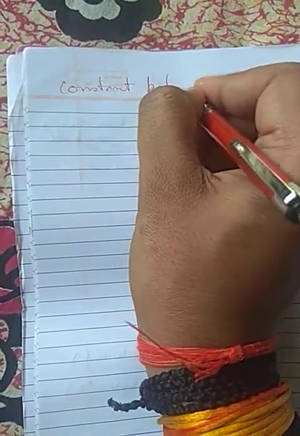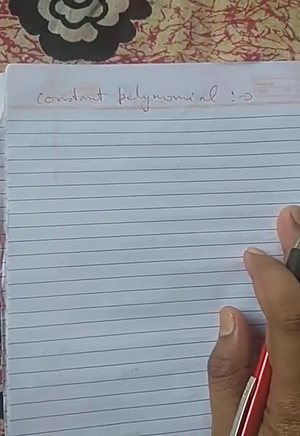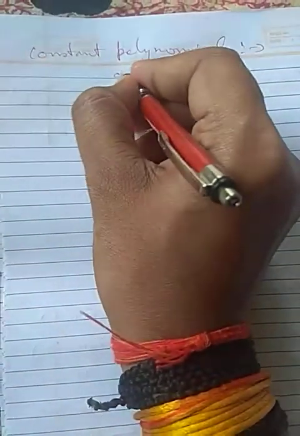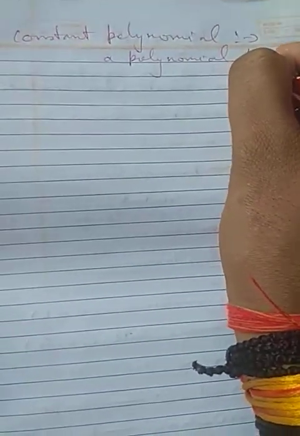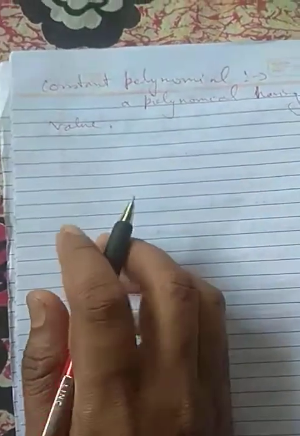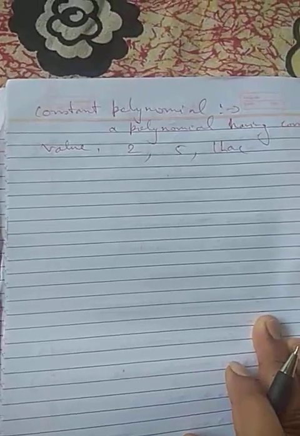A polynomial having a constant value is called a constant polynomial, such as 2, 5, 1 lakh. These have fixed values, so it is called a constant polynomial.